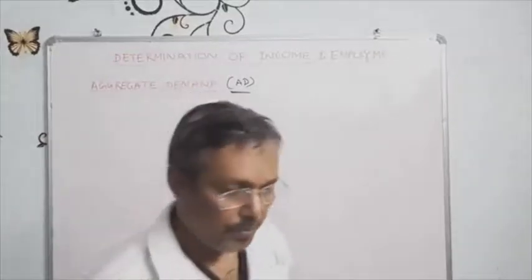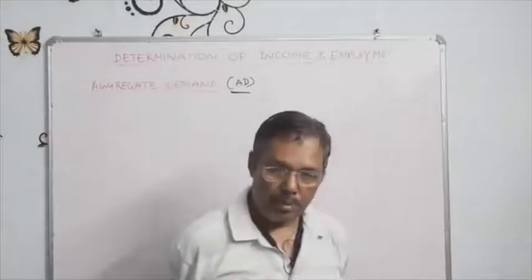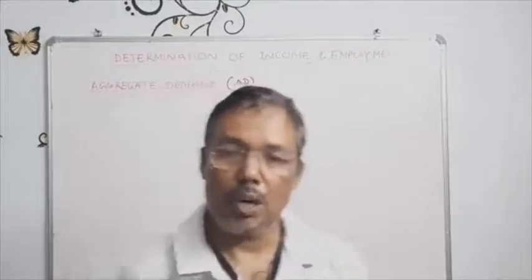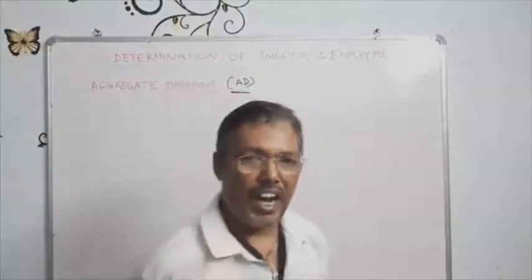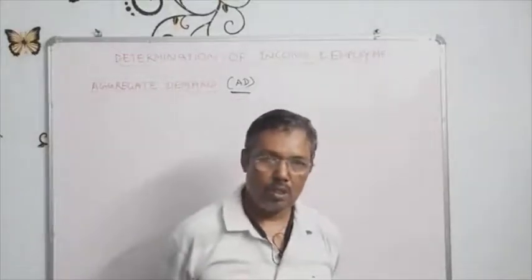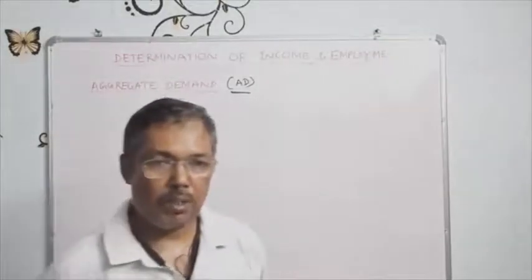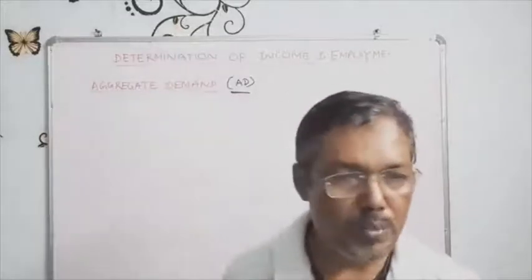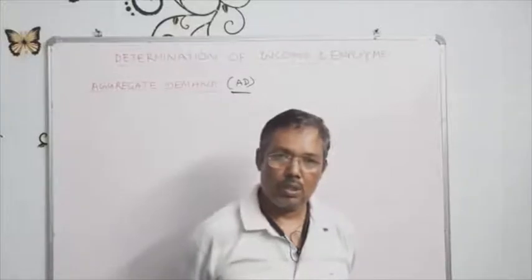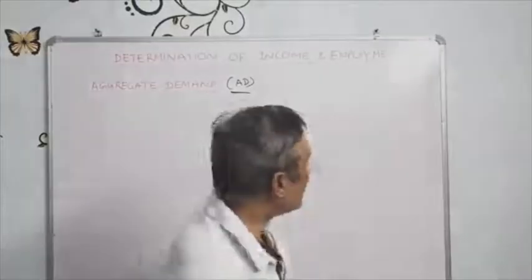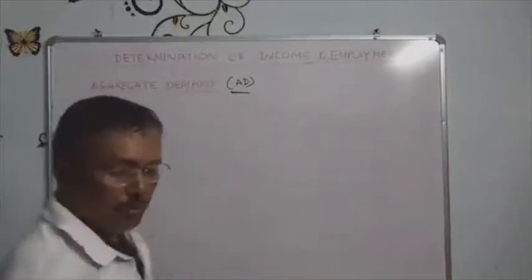Again I am repeating: private final consumption expenditure, government final consumption expenditure, gross domestic capital formation, and net export. Gross domestic capital formation is divided into two parts: gross domestic fixed capital formation and change in stock. So that is related to aggregate demand.